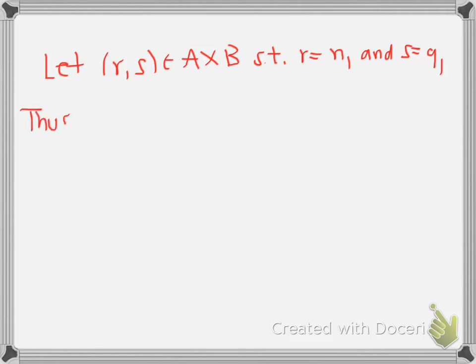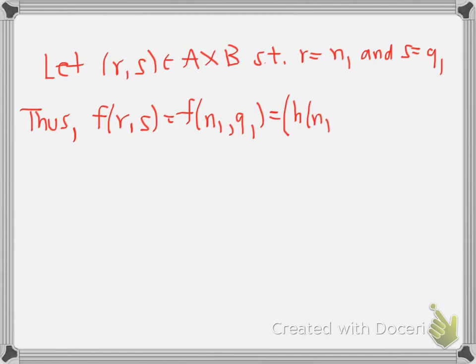Thus, F of the ordered pair RS equals F of N sub 1 comma Q sub 1, which equals the ordered pair H of N sub 1 comma G of Q sub 1. And that equals XY.